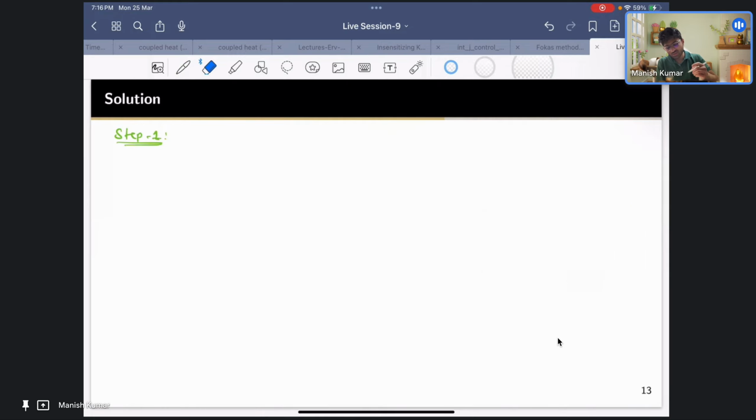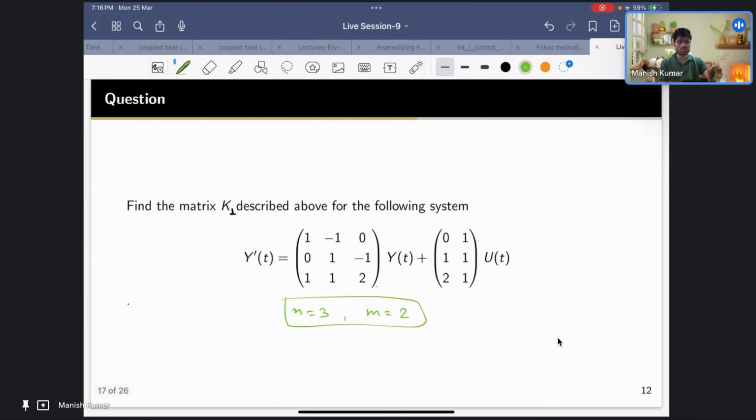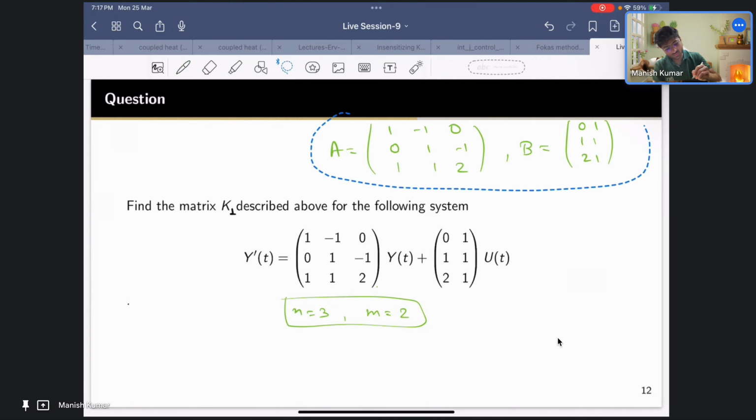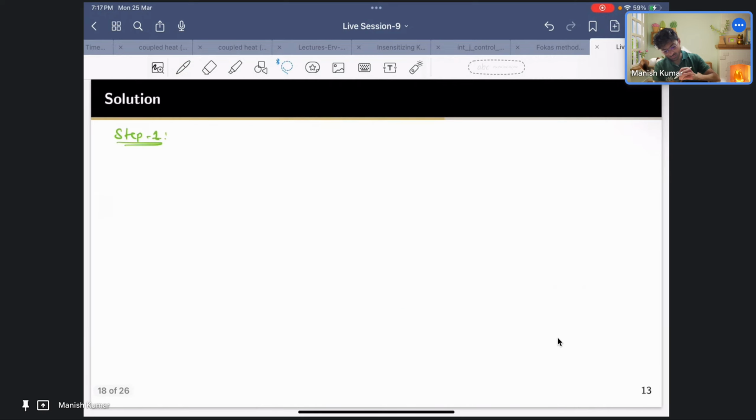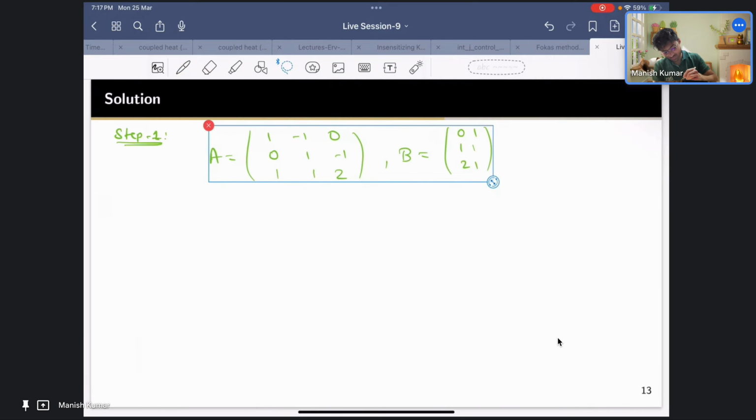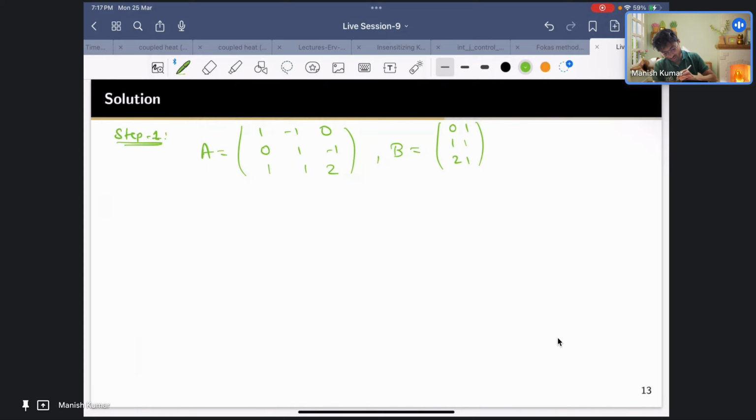So over here, our first step is to check whether (A, B) is controllable or not. Let us check. A is [1, -1, 0; 0, 1, -1; 1, 1, 2], and B is [0, 1; 1, 1; 2, 1]. Then you can compute the matrix [B, AB, A squared B]. Let's compute AB.